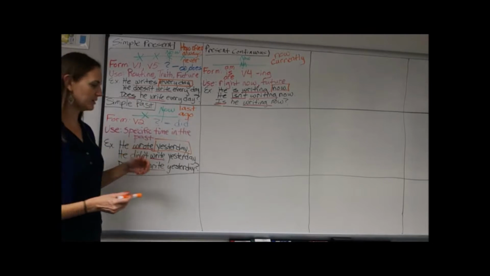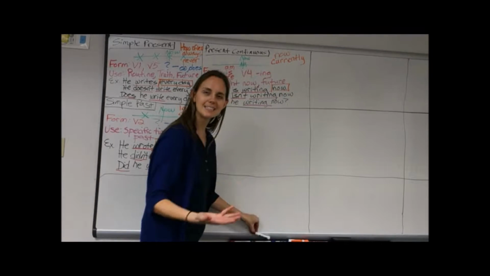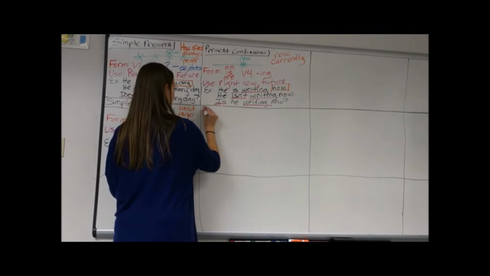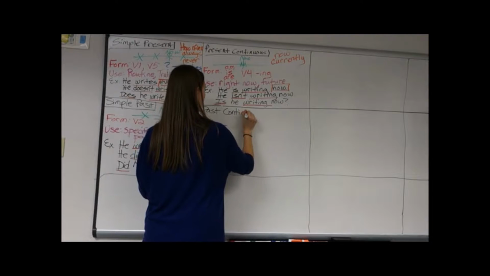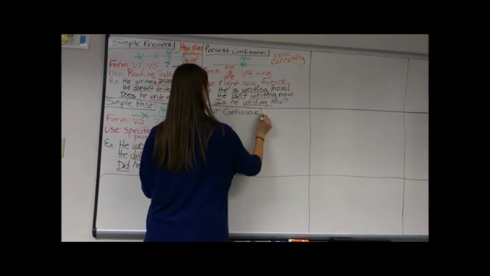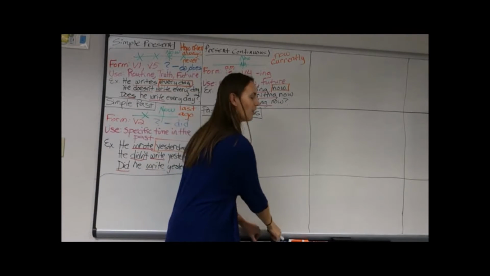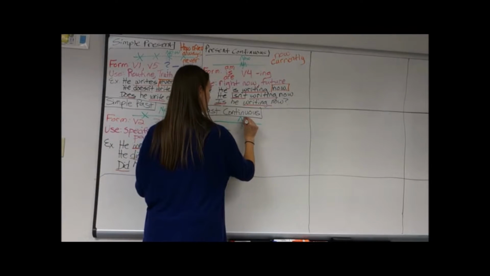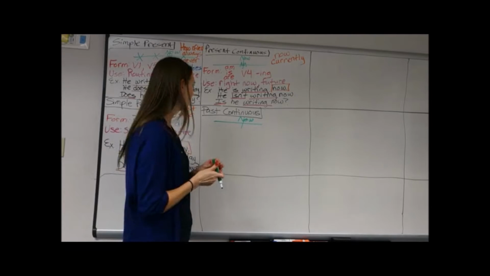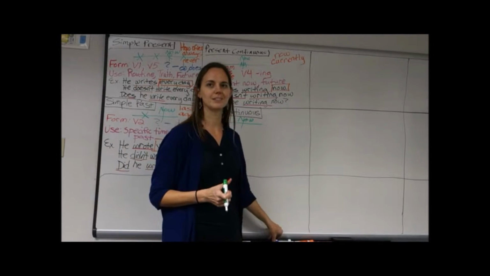Now let's compare it to our past continuous tense. So of course, we want to be thinking about also here our timeline. What time are we talking about with the past continuous?